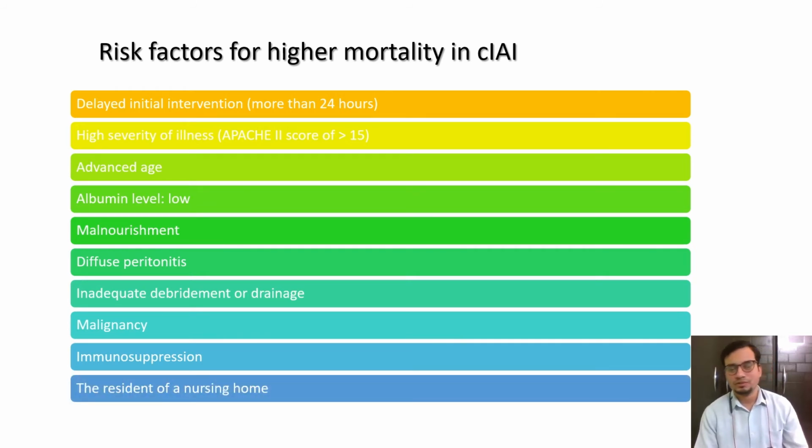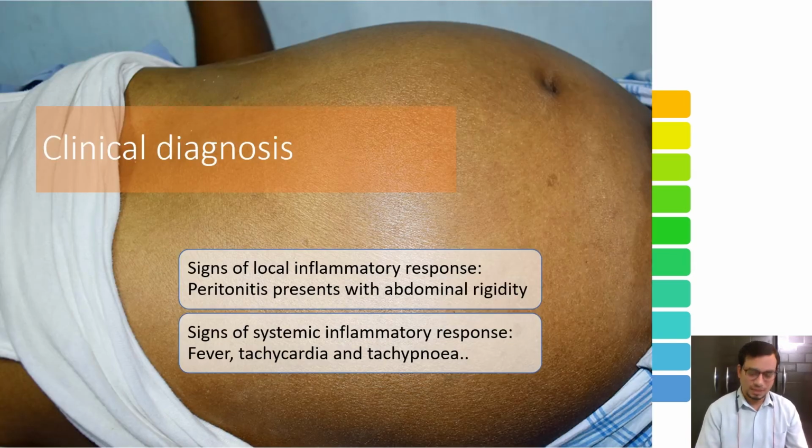And also the patient who is a resident of a nursing home, already receiving treatment for some condition in a long-term facility, then also your mortality risk will be high.